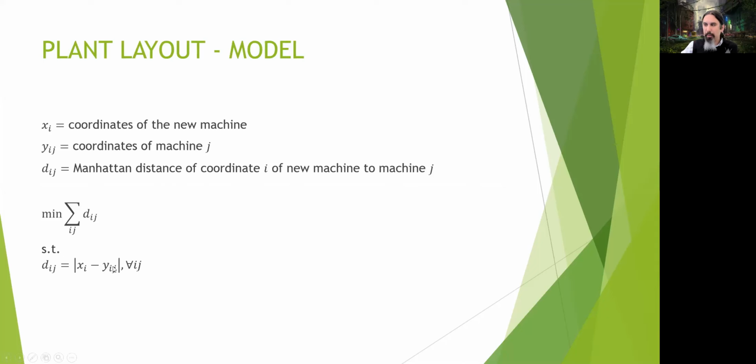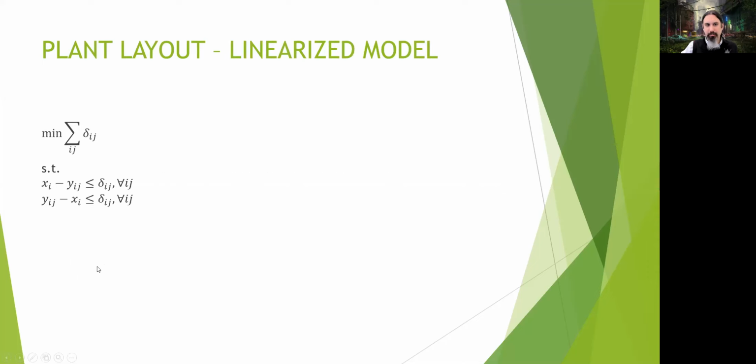So we have to minimize this one, which means that we will try to minimize some sort of lambda value, which is going to be derived from this absolute value. So we just call it delta instead of lambda now. We are trying to minimize the total delta ij, where delta ij is greater than or equal to xi minus yij, or greater than or equal to yij minus xi.